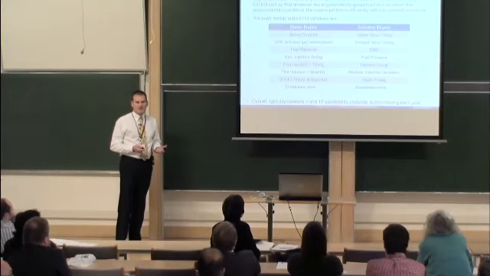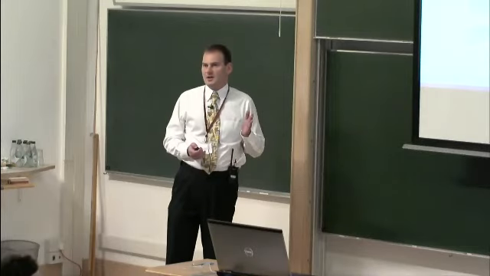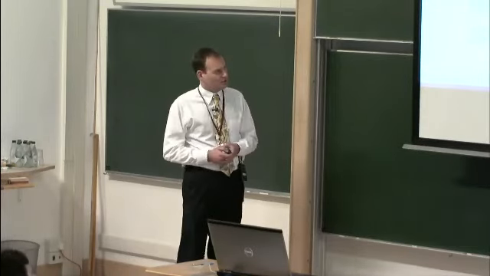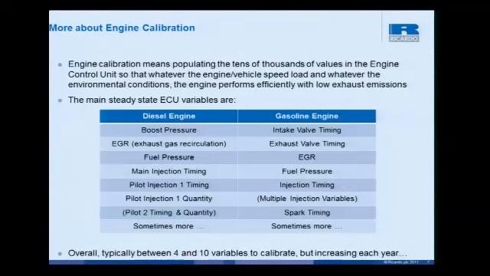So in DoE terms, that's a lot of variables, because you can determine the quantity and the timing of each of those injections. And on a gasoline engine, multiple injection is now fairly common on the type of engines currently being developed and going into production in the next few years.